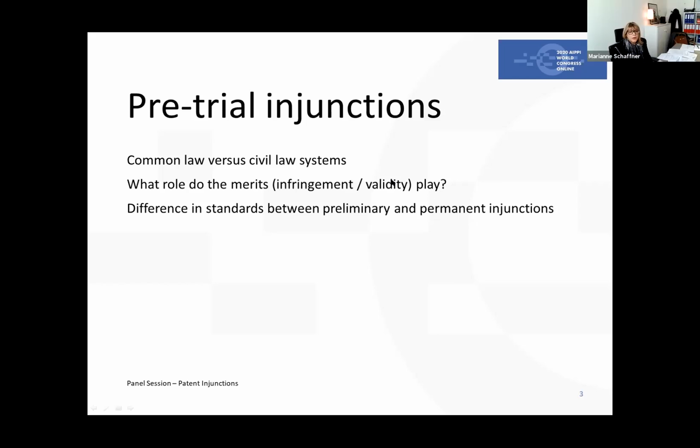Actually, at the permanent injunction level, when the court has decided that there is infringement, the injunction is going to be granted in the end. That's part of the consequence of the infringement. Where the court may have some discretion is with respect to the recall of the product from the network.